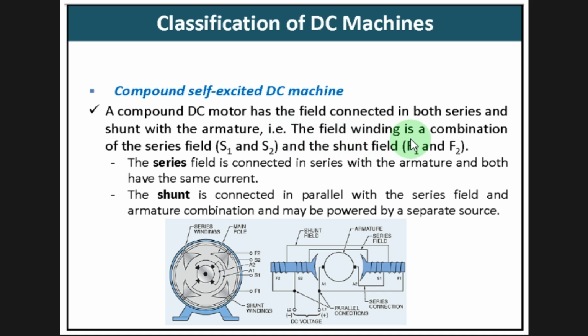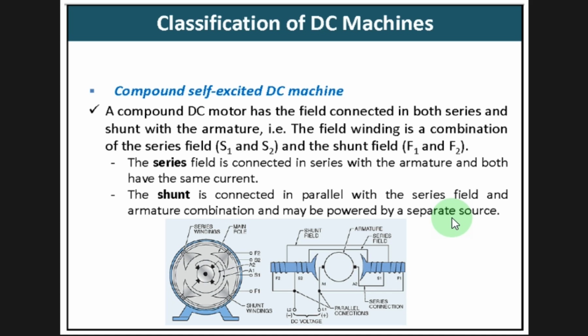That is, the field winding is a combination of the series field S1 and the shunt field F1, right? The series field is connected in series with the armature and both have the same current. The shunt is connected in parallel with the series field and armature combination and may be powered by a separate source.